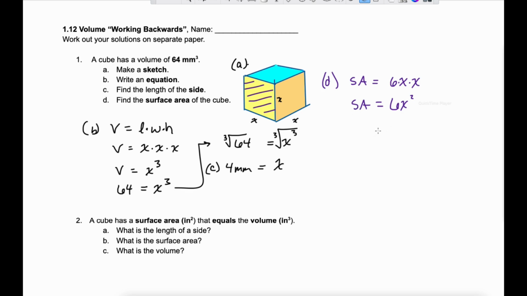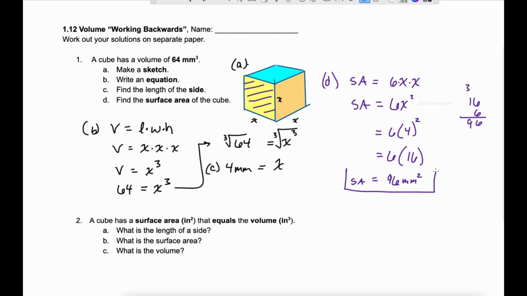So let's put in 4. We've got 6 times 4 squared, and 4 squared is 16, and 16 times 6 is 96. So the surface area is 96 millimeters squared.